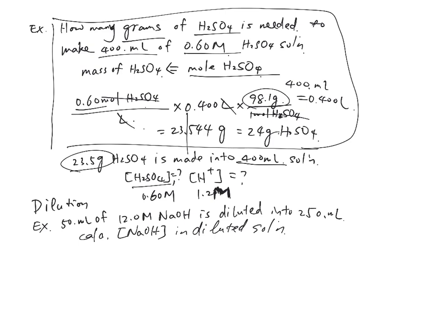Okay, now what do we focus on? Well, what happens in a dilution situation? In a dilution situation, you add water into your aqueous solution. Okay, the more water you add, the more dilute the solution would be.